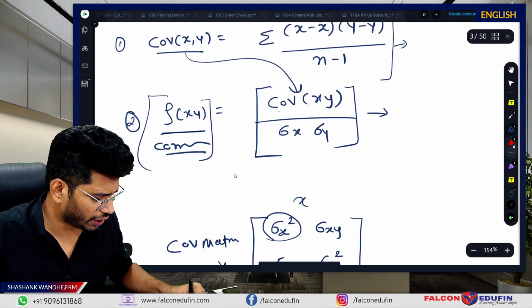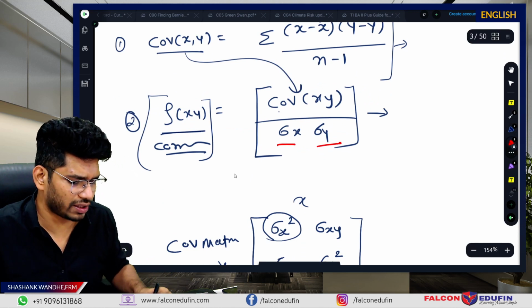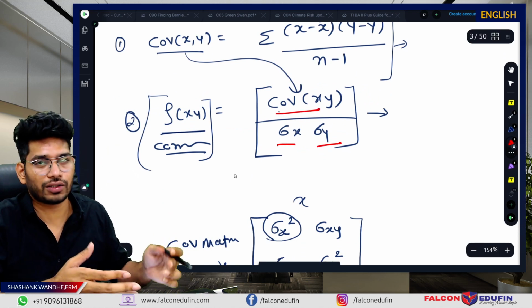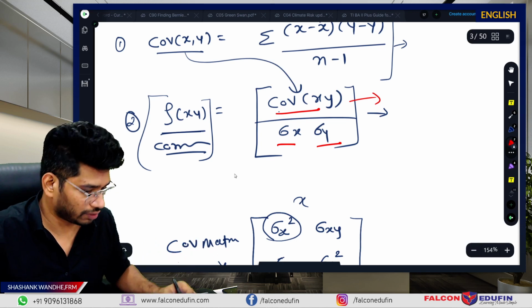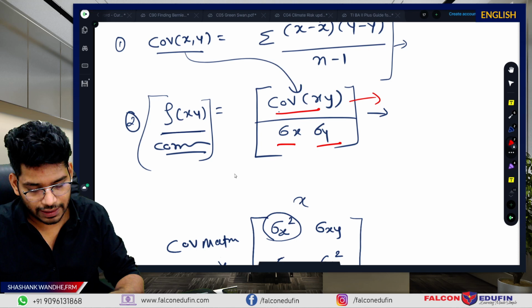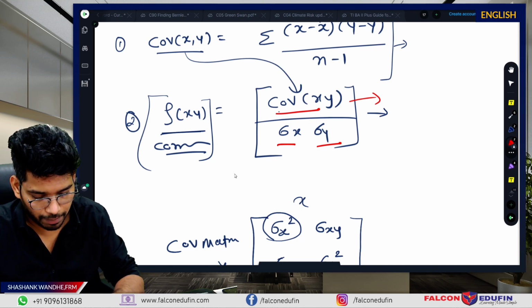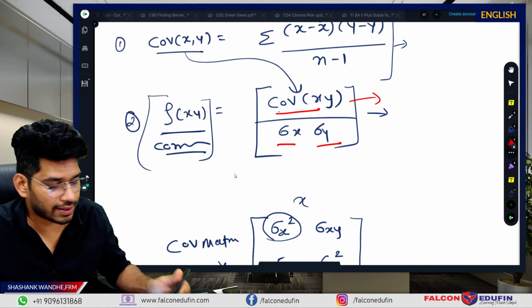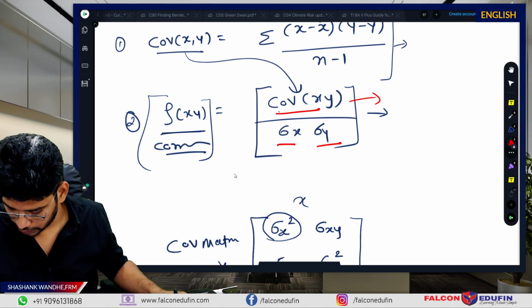You already know how to calculate this. You generally don't need to calculate this, but yeah, you're smart enough, right? So I'll give you the illustration. I should be careful while giving you the covariance because it might create some inconsistencies in the question.